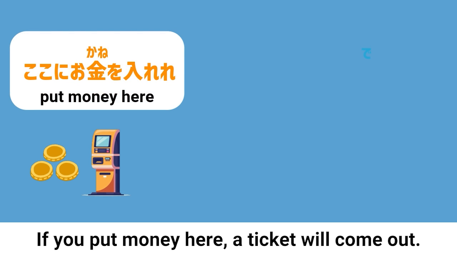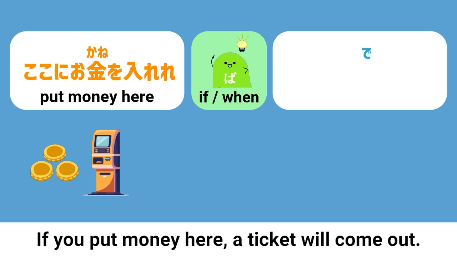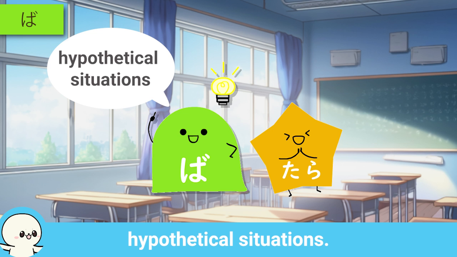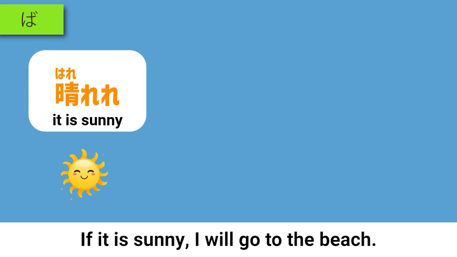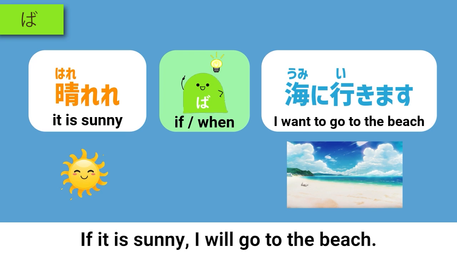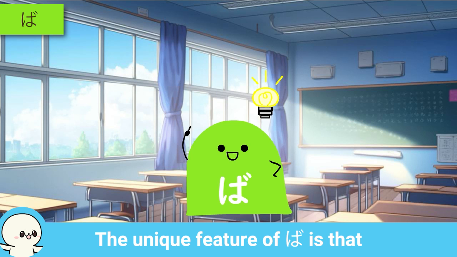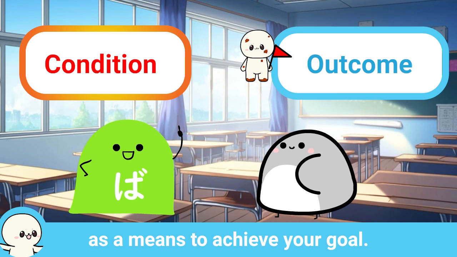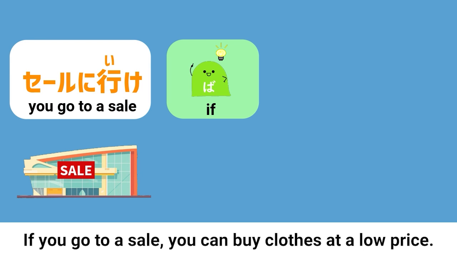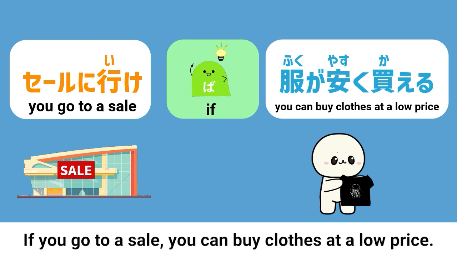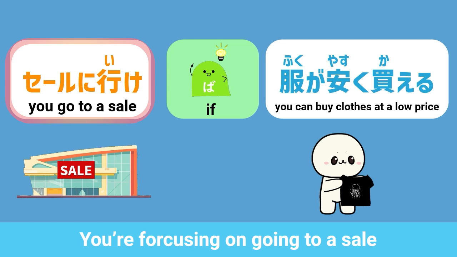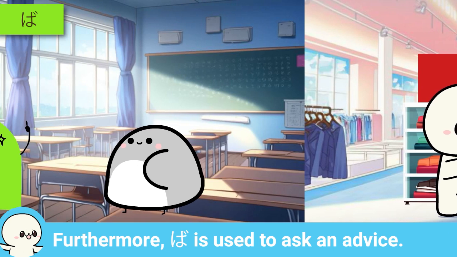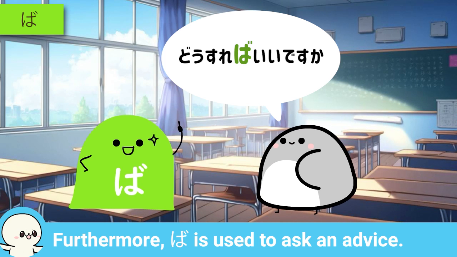For example, ここにお金を入れれば、切符が出てくる。Like たら、ば can also express hypothetical situations. 晴れれば海に行きます。The unique feature of ば is that it emphasizes the condition as a means to achieve your goal. セールに行けば服が安く買える。In this sentence, you are focusing on going to a sale to get clothes at lower price. どうすればいいですか?